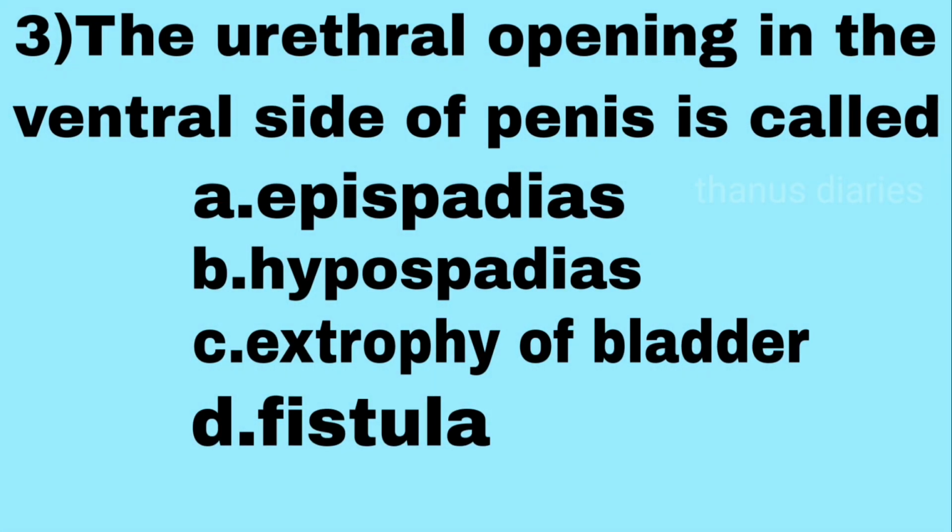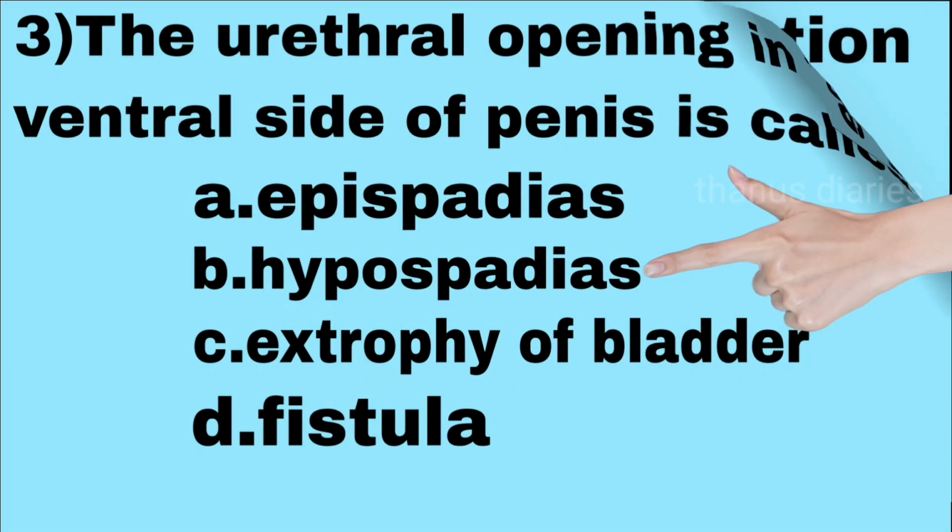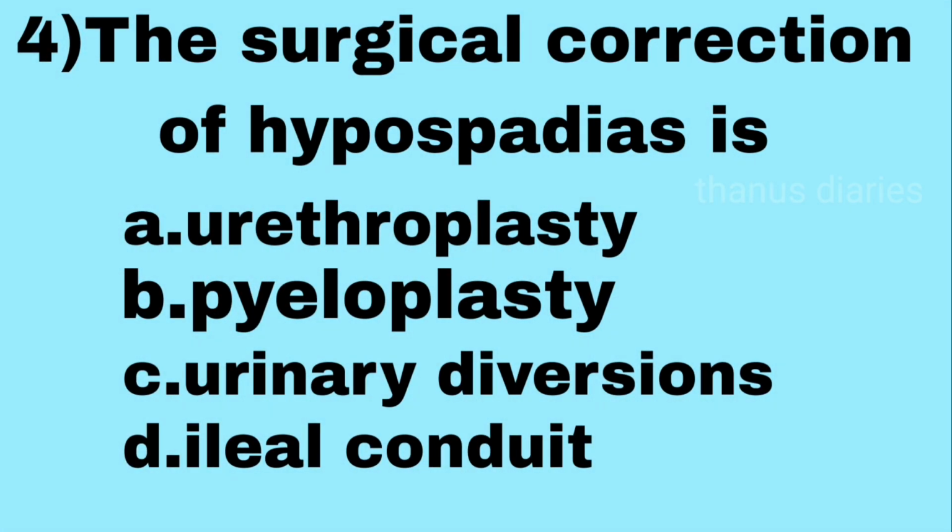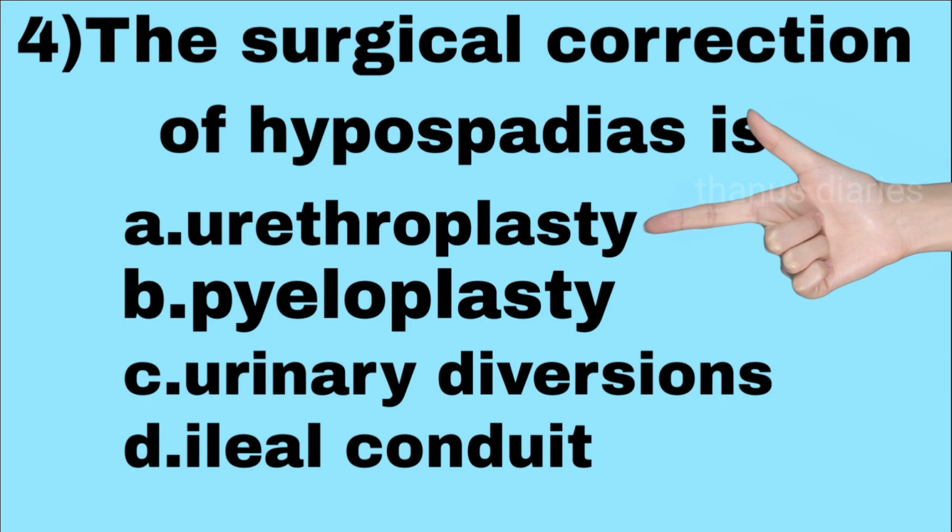The urethral opening in the ventral side of the penis is called: epispadias, hypospadias, extrophy of bladder, fistula. The answer is hypospadias. The surgical correction of hypospadias is: urethroplasty, pyeloplasty, urinary diversions, ileal conduit. The surgery is known as urethroplasty.